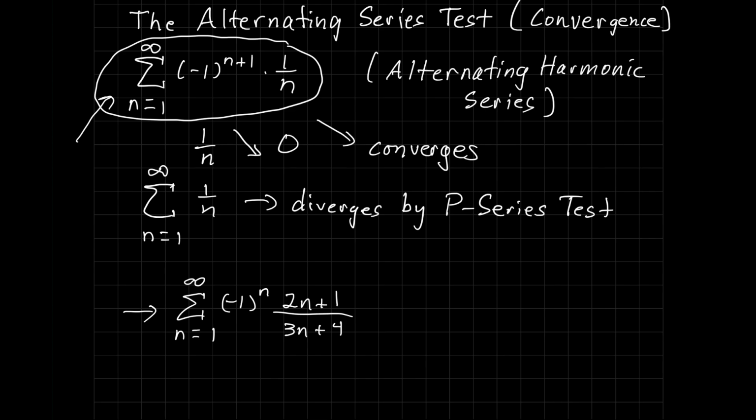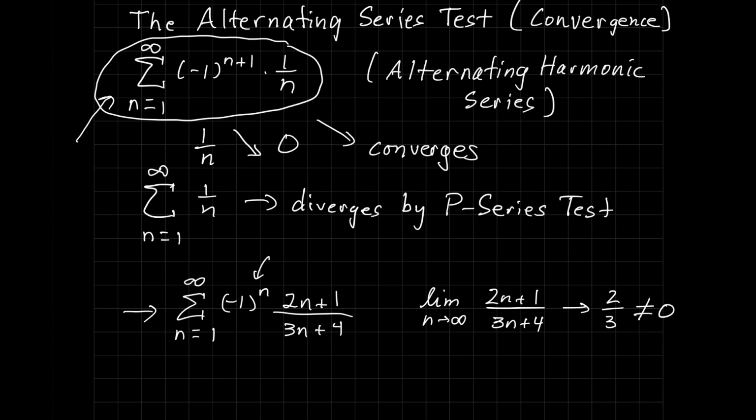I have an alternating series because I have the negative 1 to the n. Let's look at the sequence part. Let's do the limit as n goes to infinity of just the sequence part, 2n plus 1 over 3n plus 4. And notice that that goes to 2/3, which does not equal 0.